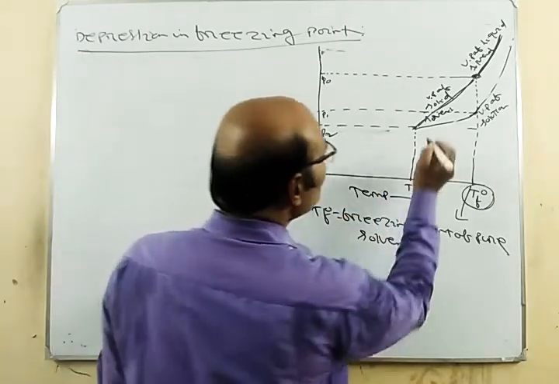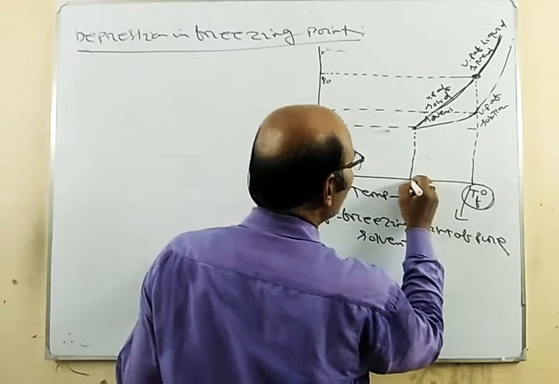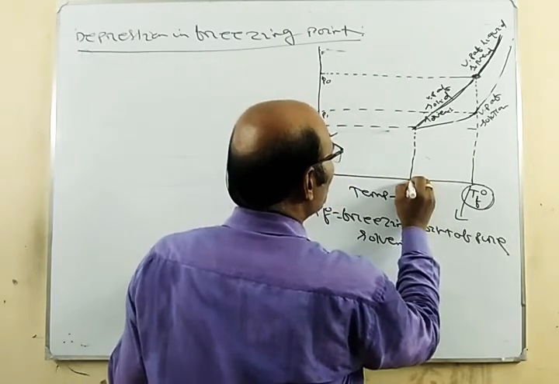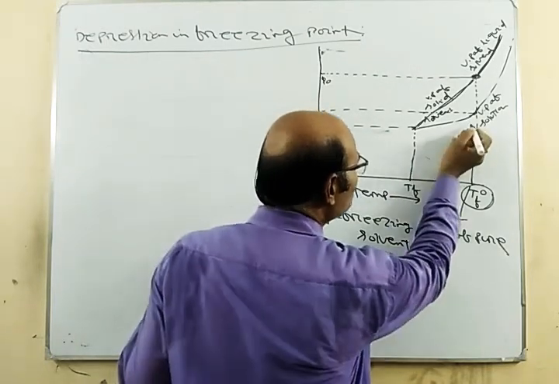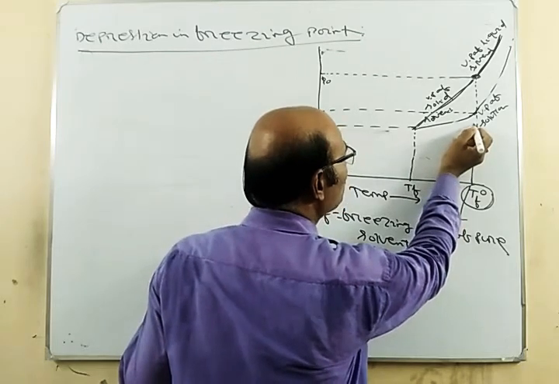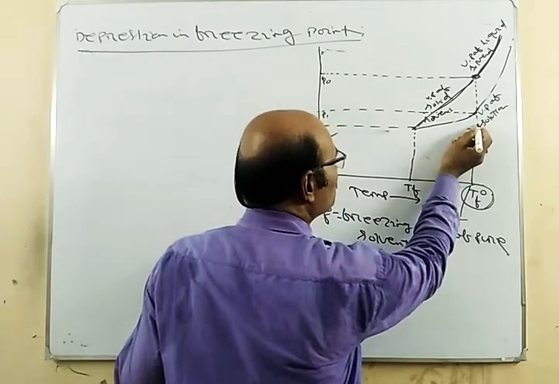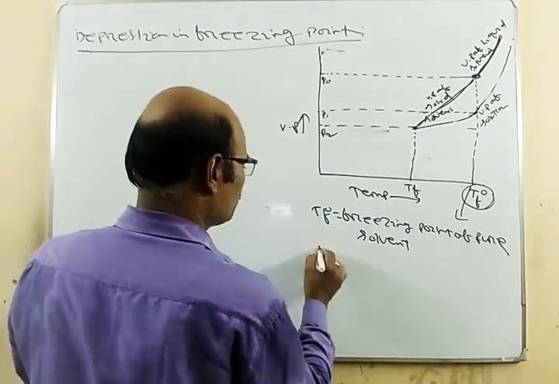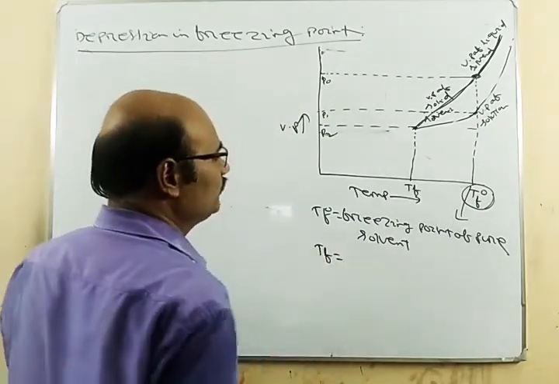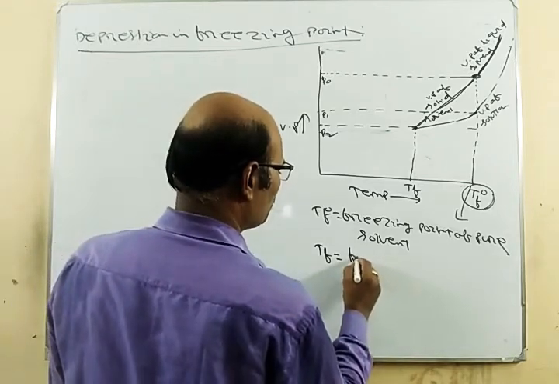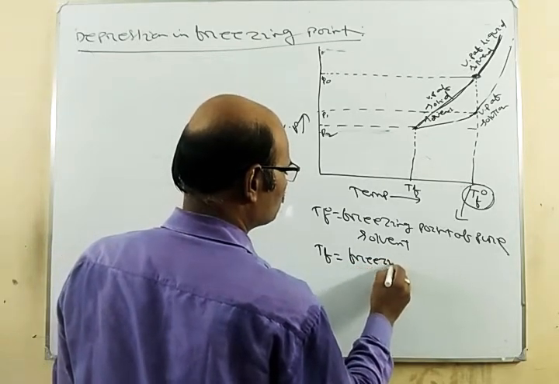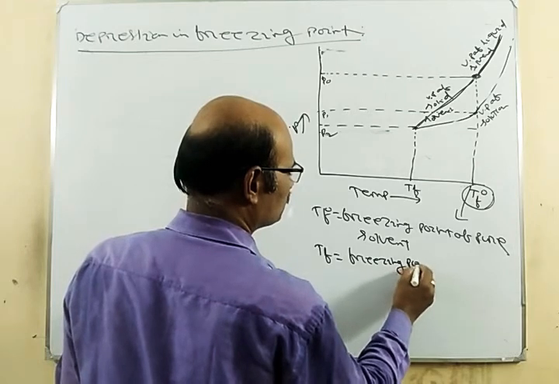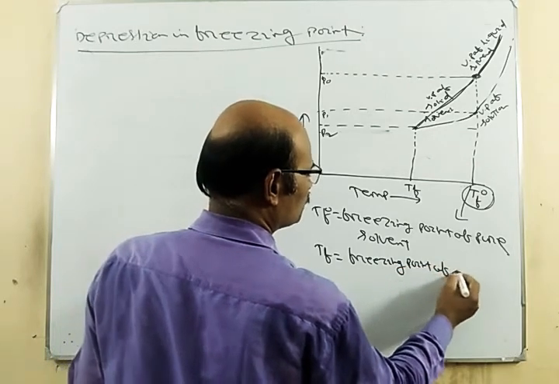Now this is the temperature where the vapor pressure of the solution in the liquid state is equal to that in the solid state. This is called TF, the freezing point of the solution.